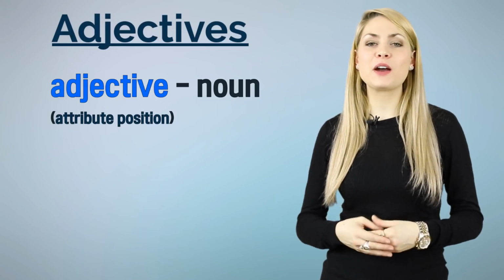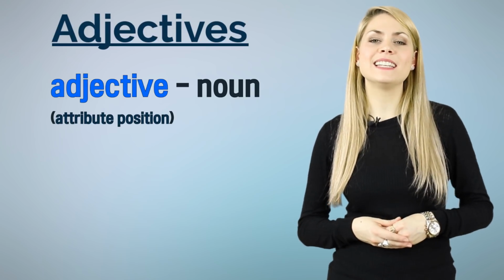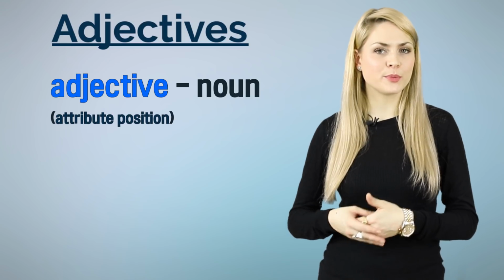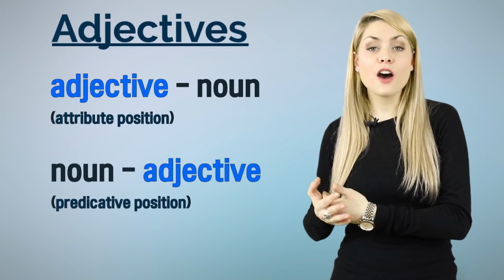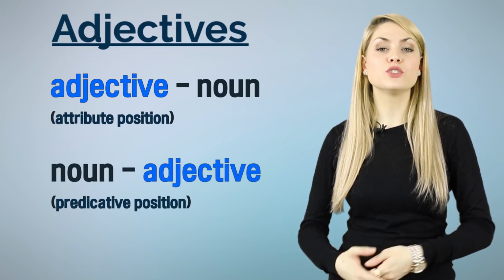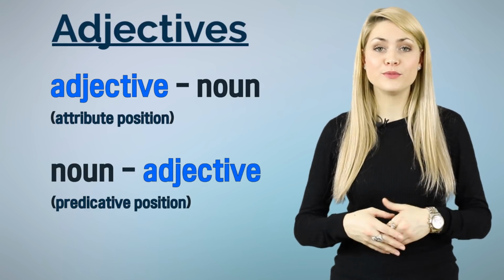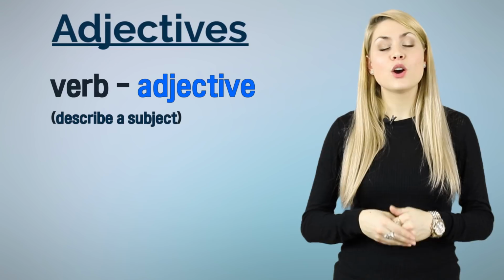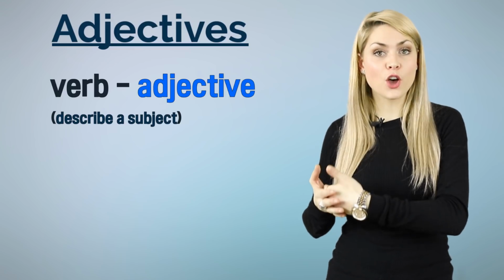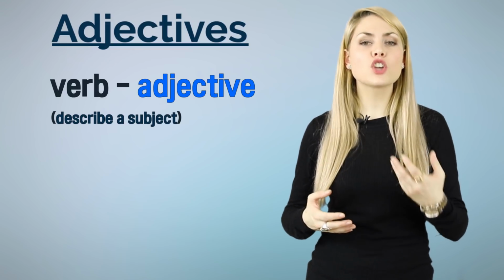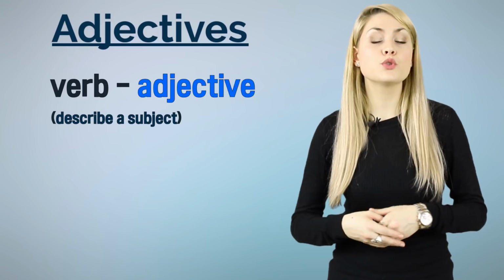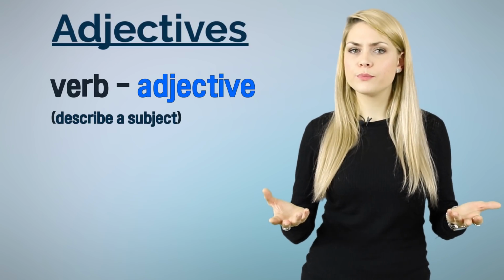Adjectives can be found before the noun. It's called the attribute position. Or after the noun, which is called the predicative position and is just as common. Adjectives which are found after a verb describe the subject of this verb, usually a noun or a pronoun.